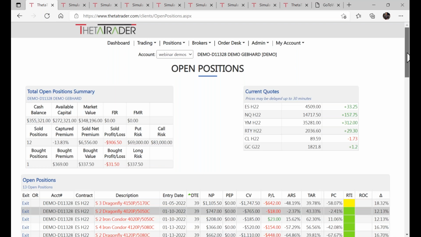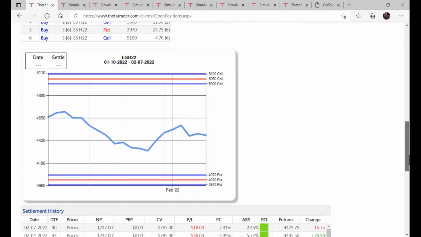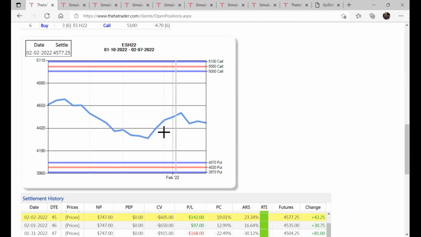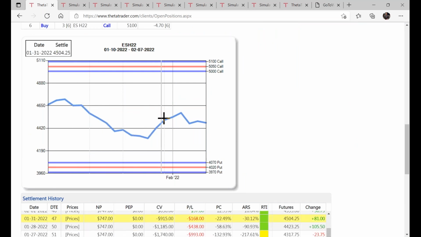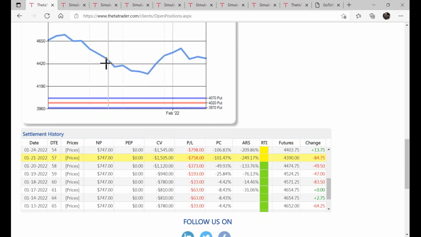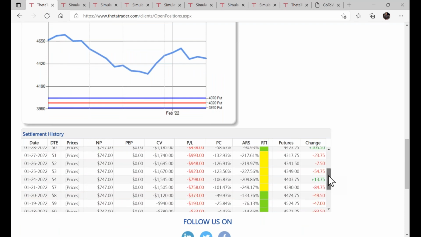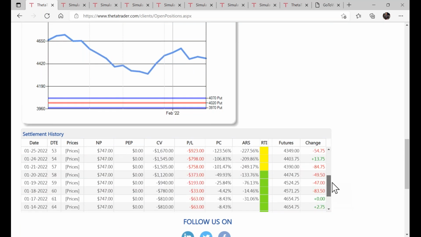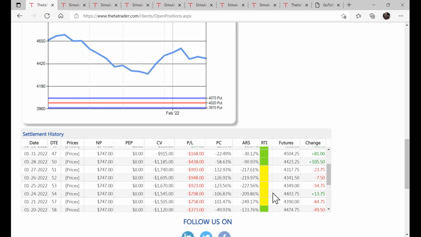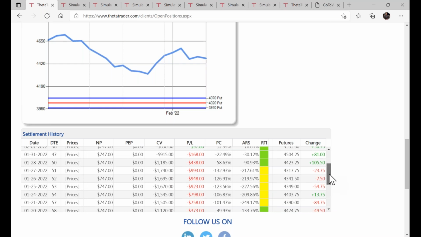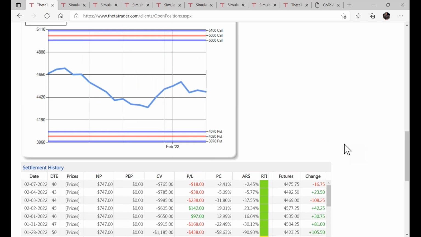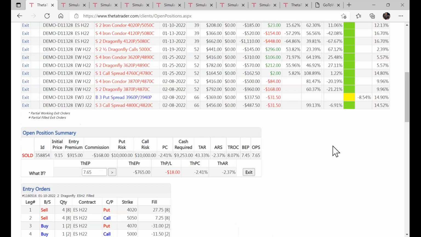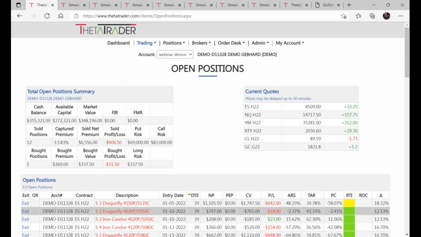So you'll just click on that and you can scroll down and you can see this is when you placed the trade, and you can see the market moving since you placed the trade. And of course you can see below here, trade went yellow, but then turned green again, and theta decay is working. So anyway, that's how you look at your open positions, and then you have your closed positions right here.